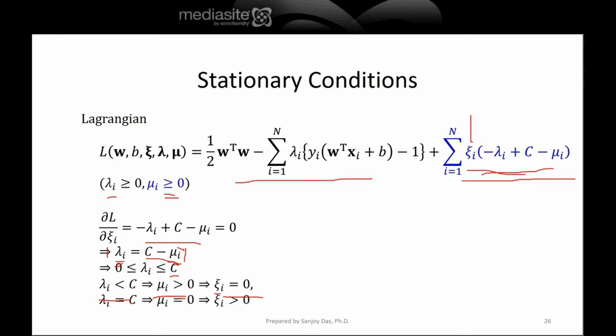And when lambda i equals C, it means that mu i equals 0, which means that zeta i is greater than 0 because of complementary slackness.